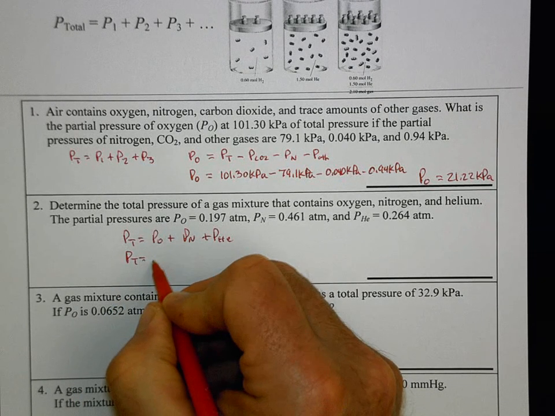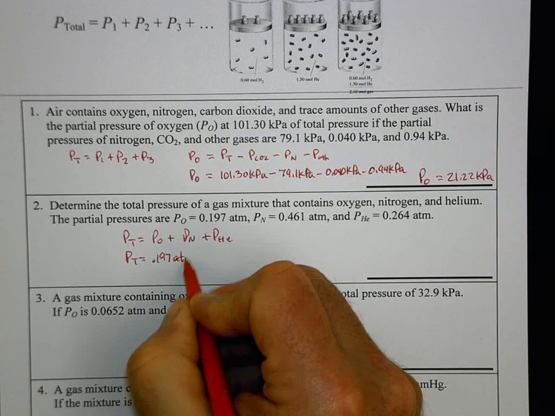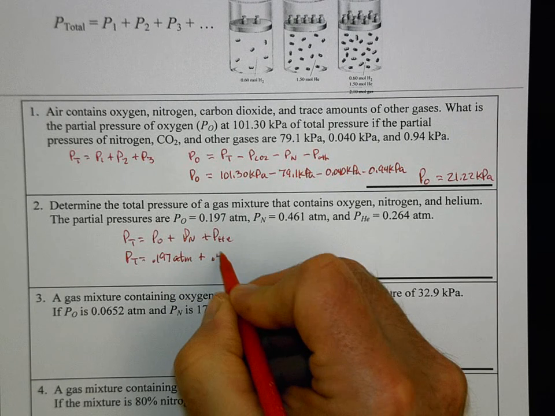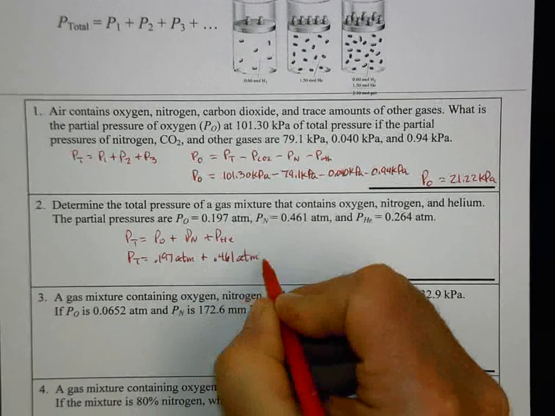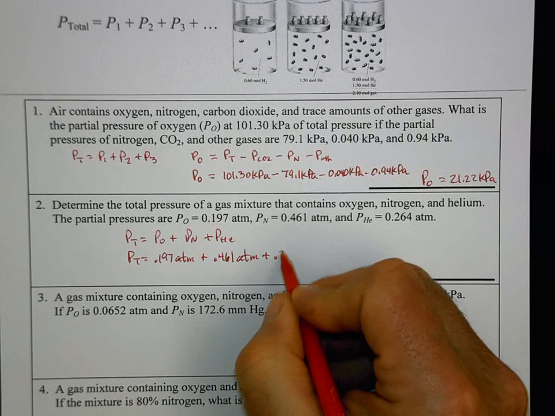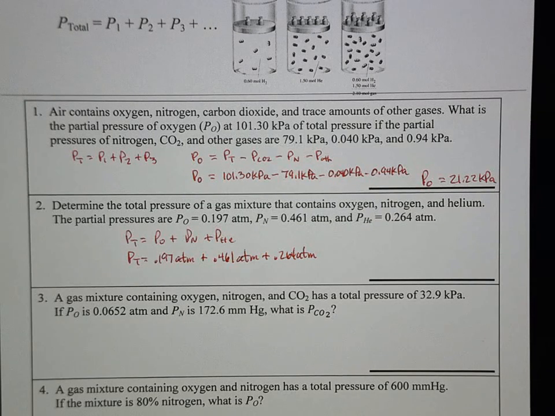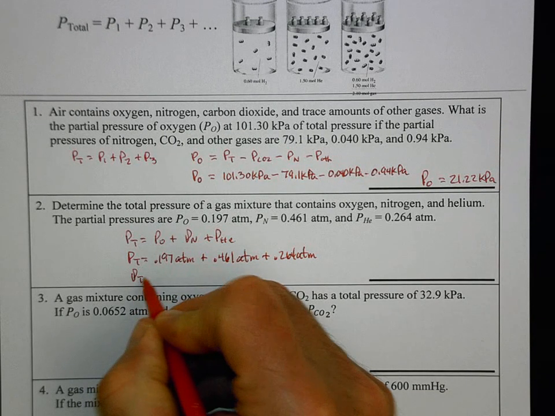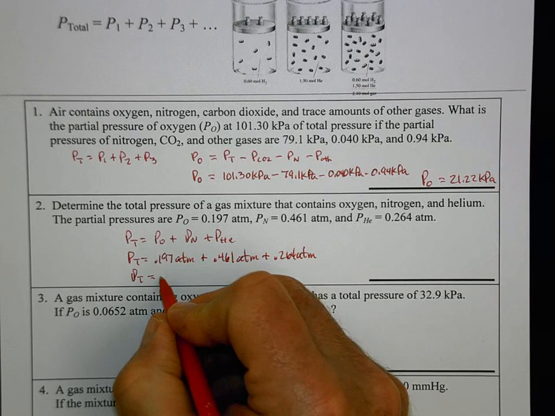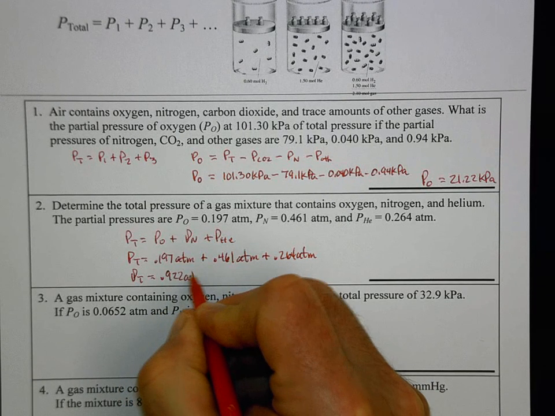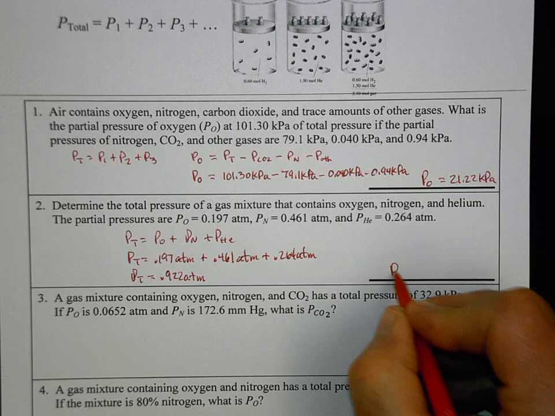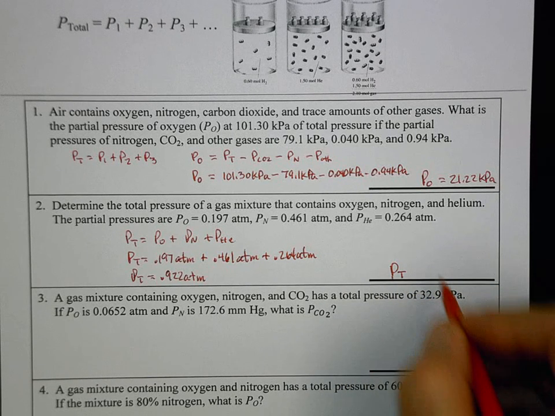So 0.197, 0.461, and the 0.264. And our total pressure in this case is 0.922 atm. The T for total.